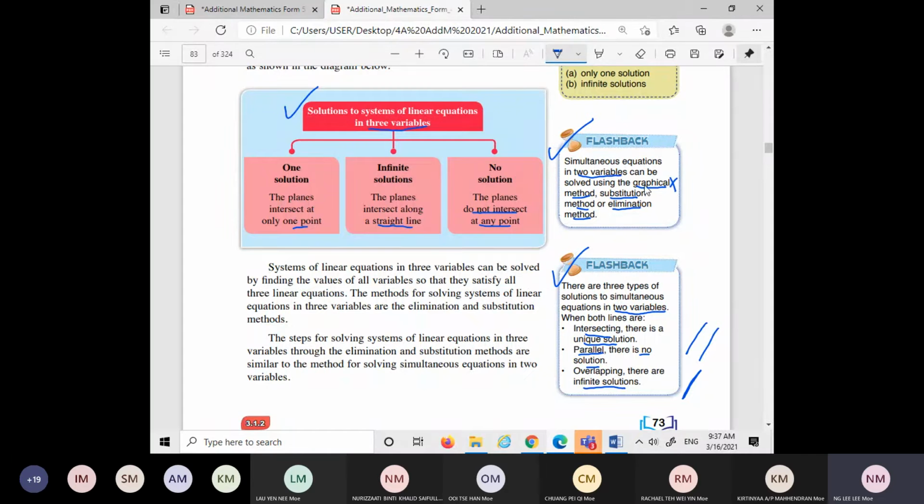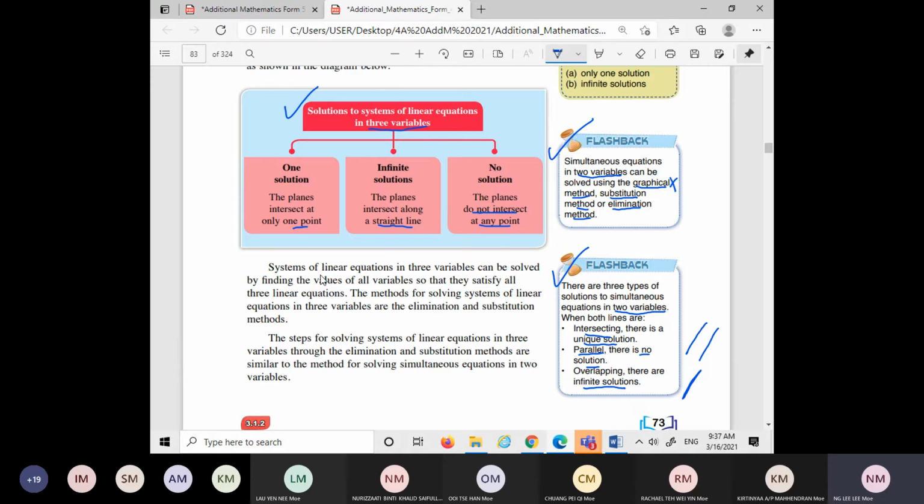For two variables maybe it is still okay, but for three variables you want to sketch a 3D diagram, I also don't know how to sketch. Not that easy, difficult to sketch. So let us concentrate on the substitution and the elimination method.